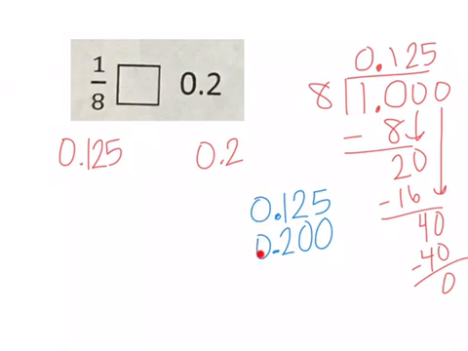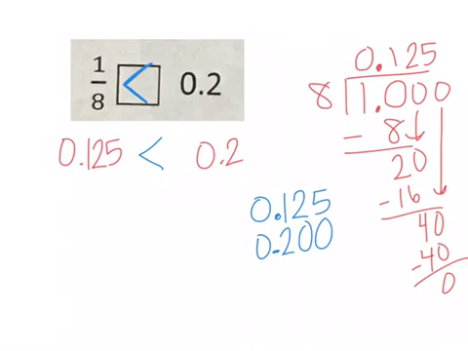When I look at this first column, they're both zeros. They're the same, so I have to go over to the next place value. The next place value is a 1 and a 2. When I compare those, I know that 2 is bigger than 1, so my 0.2 is also going to be bigger than my 0.125. So if this is greater than, then back in my original problem, 1/8 is less than 0.2.